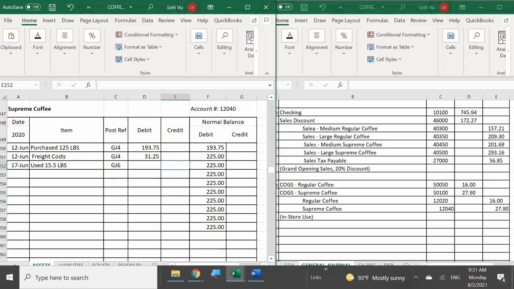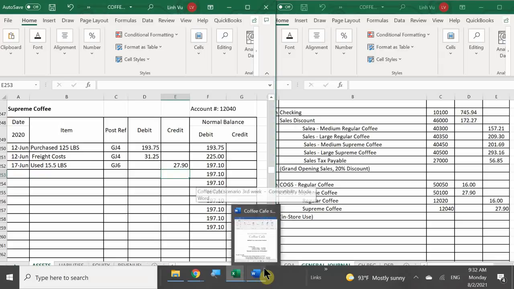What was my credit here? $27.90, which does in fact give me a total balance of $197.10, which we calculated in our inventory worksheet. Now we are completely done with this transaction.